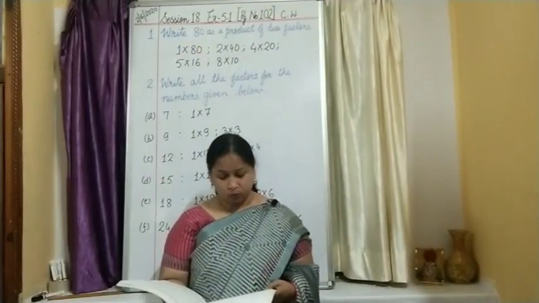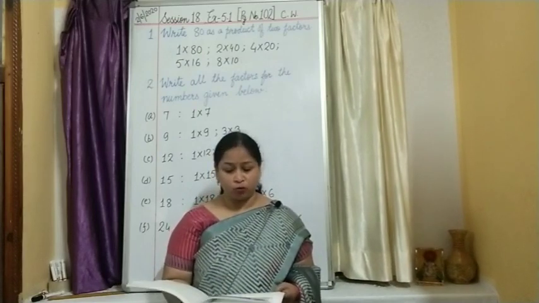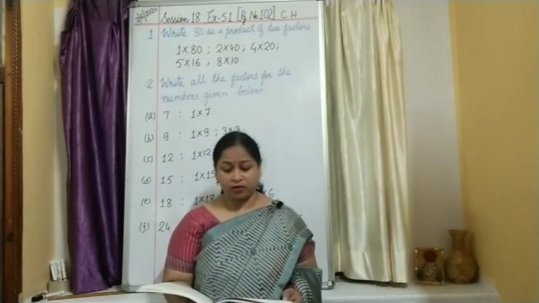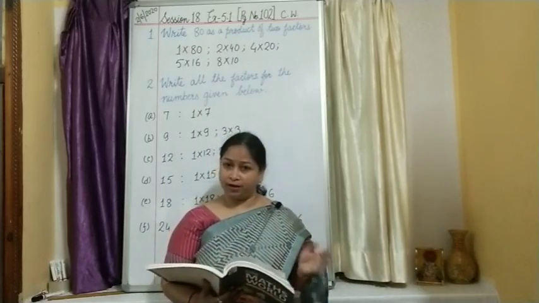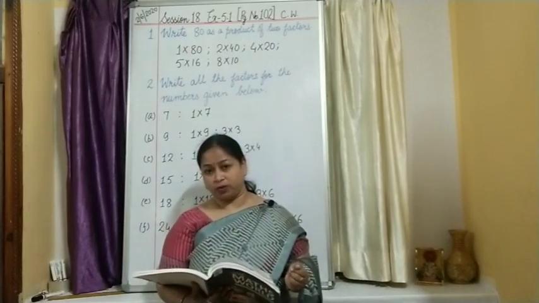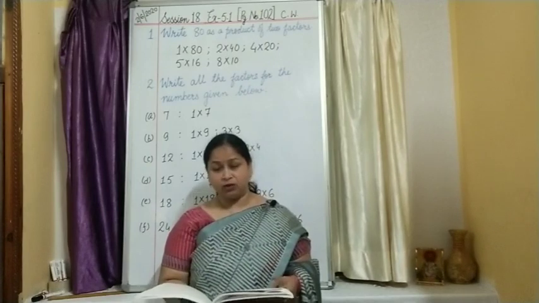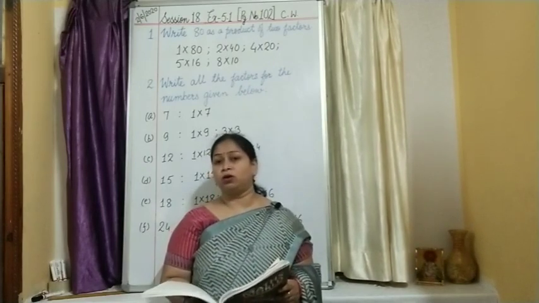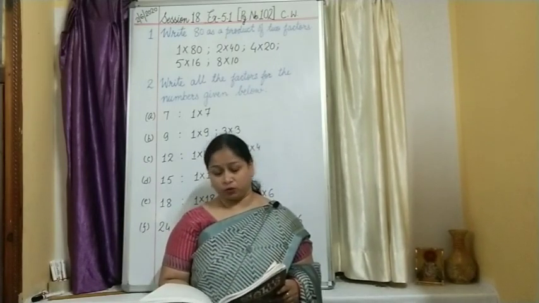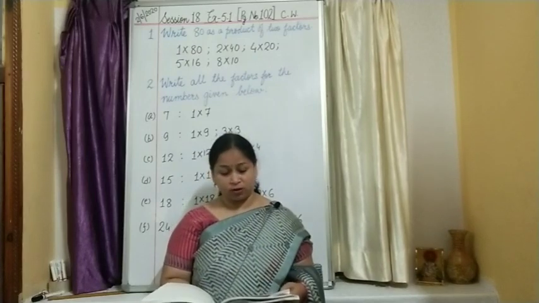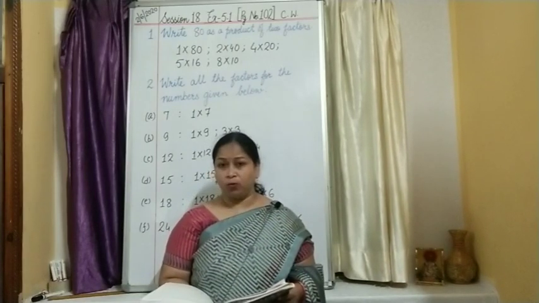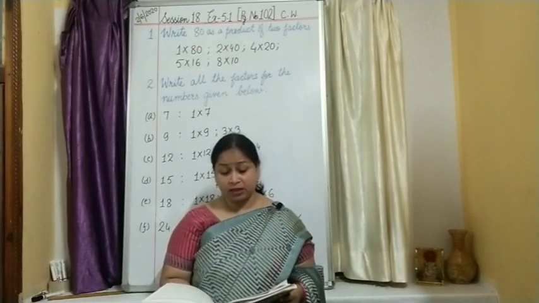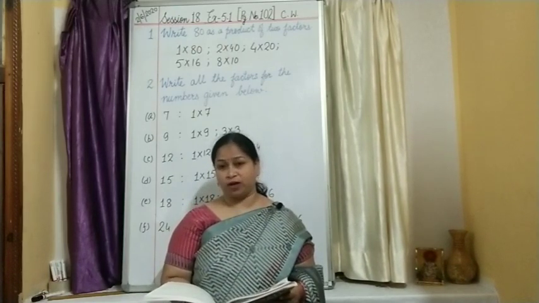Children, open your book, page number 102. Okay. You have exercise 5.1. So you have already got an idea what factors are, and this exercise is basically based on finding out the factors, as you will go through the questions. So question number 1: write 80 as a product of two factors.